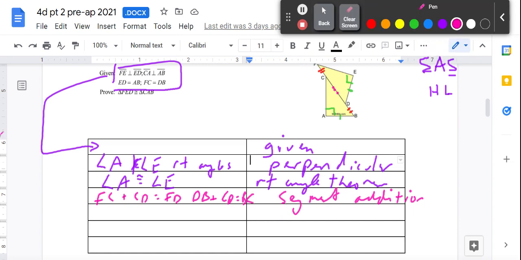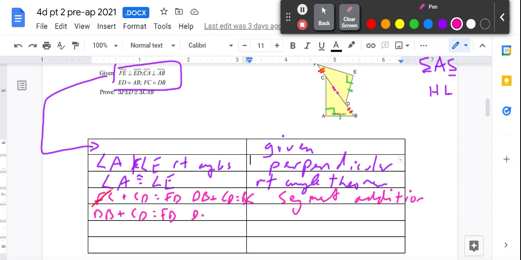All right. So what we know here is we know that both of these things have a CD in it. We also know that DB is equal to FC, so we can maybe substitute some of this out. Okay, so FC is equal to DB. So maybe we take FC out of here, and now we put DB plus CD equals FD, right?